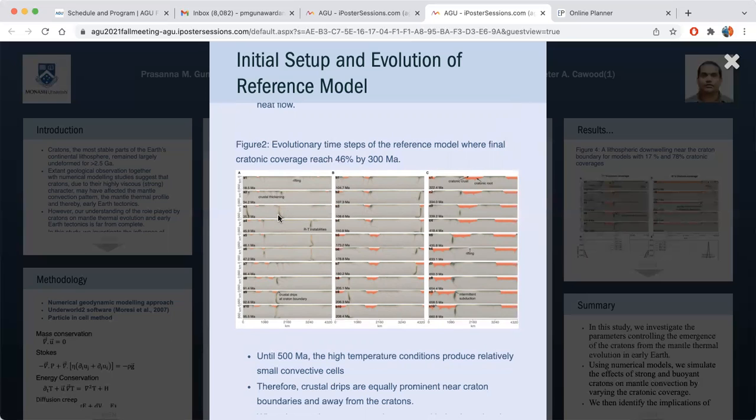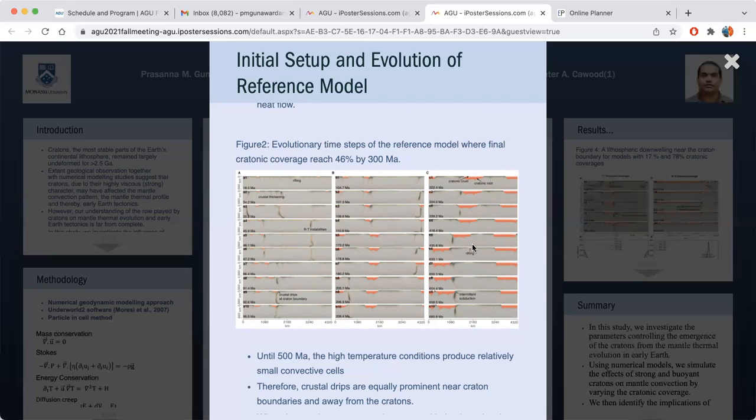The craton coverage eventually increases, and you can see cratonic sizes are getting bigger. When the craton size increases, most of the downwelling basaltic crustal drips try to converge towards the craton boundary. When the mantle gets cooler, the mantle convective cell sizes also increase, and that supports this convergence.